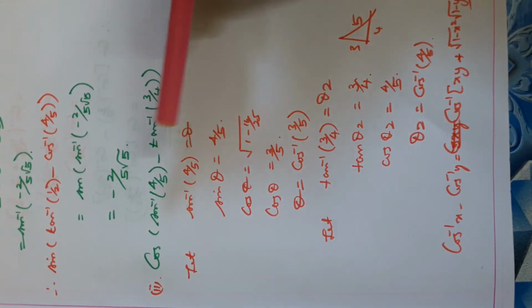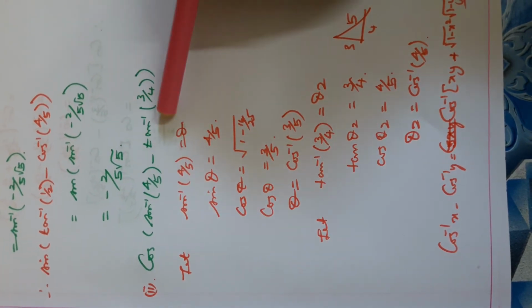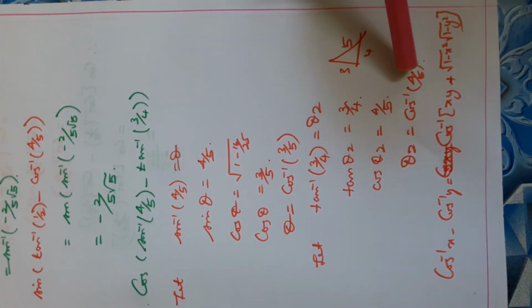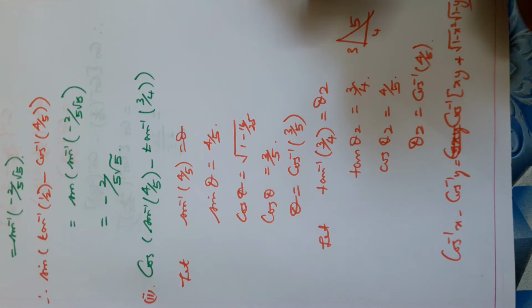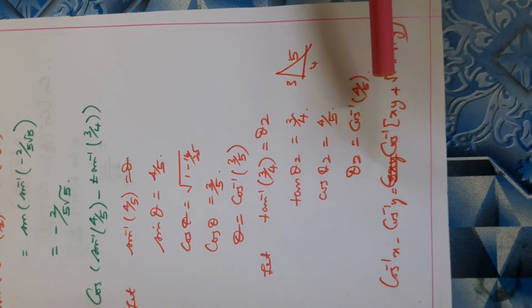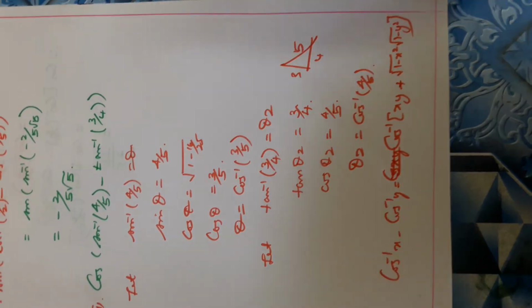Like that, we have one cos question. Sin inverse of 4 by 5 and tan inverse of 3 by 4 are converted into cos inverse of 3 by 5 and cos inverse of 4 by 5. Your formula for cos inverse x minus cos inverse y is nothing but cos inverse of xy plus root of 1 minus x square into root of 1 minus y square.